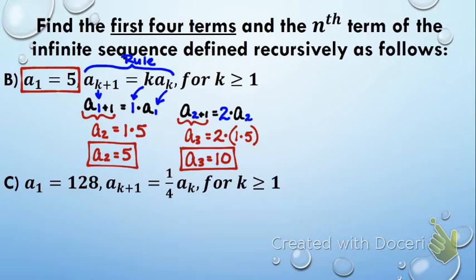To find the fourth term, what are we going to use for k? 3. A sub 3 plus 1, because this will find the fourth term.